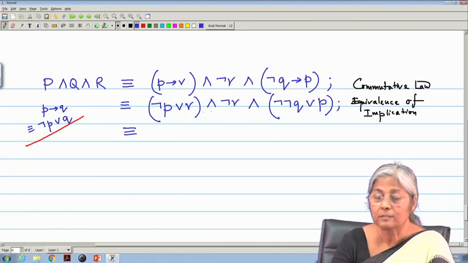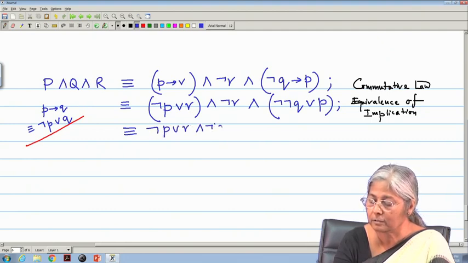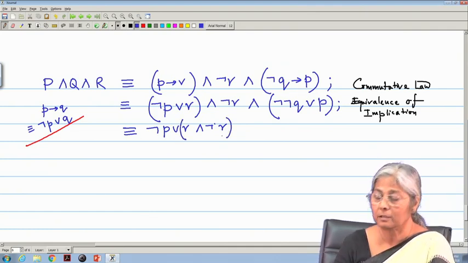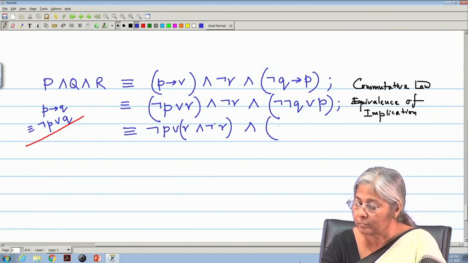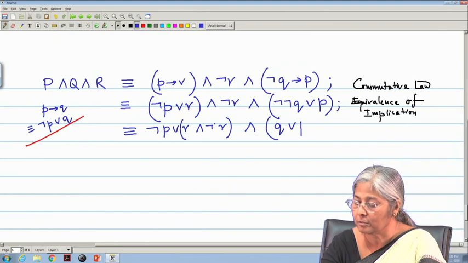Now, I can apply the associative law. So, negation p or r and negation r. We can apply r and negation r, double negation. So, this becomes q or p.